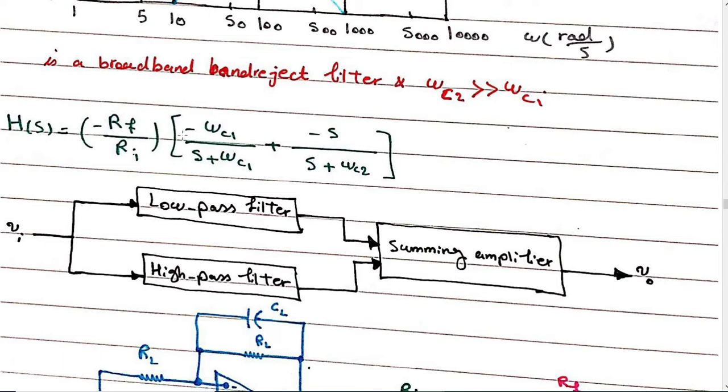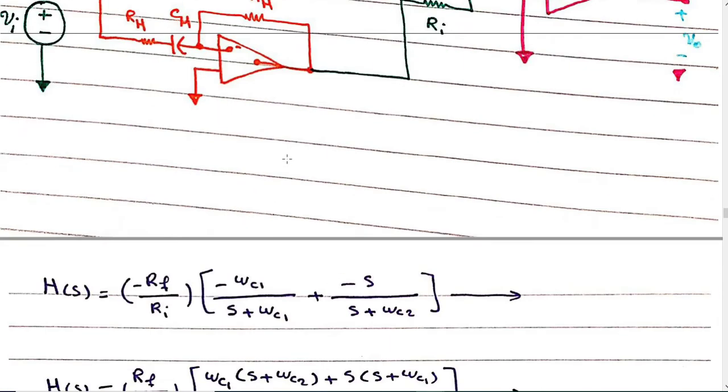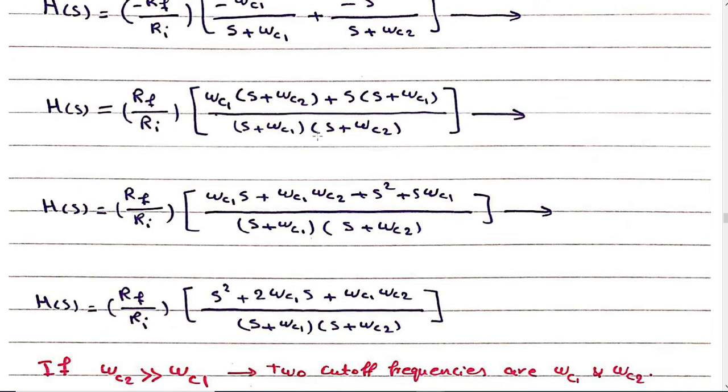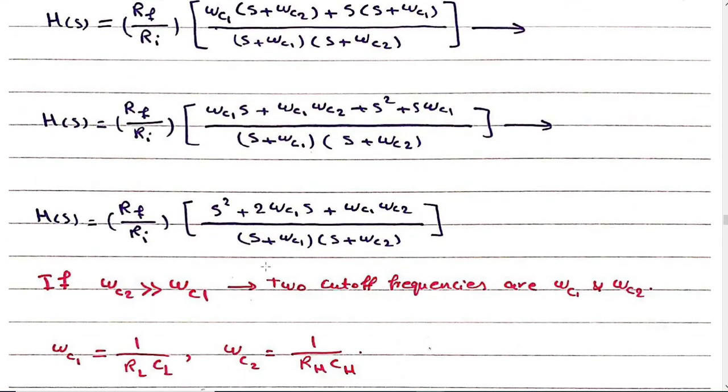Any questions on that? How is this equation calculated? Okay, so we have the transfer function, we have the circuit. We have one term, two terms, get the common denominator and rearrange the equation, and we'll get this one.